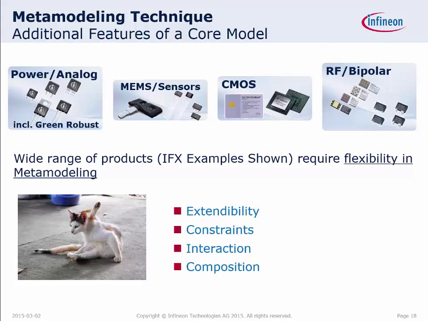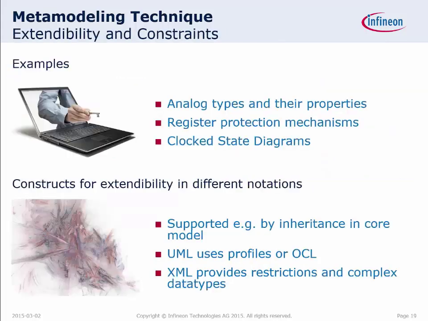That's why this metamodeling is very, very important, because you need to be flexible and adapt to the requirements of your designs. First, extendability is required, then constraints, interaction and compositions. I already gave some examples, for instance analog types and their properties.